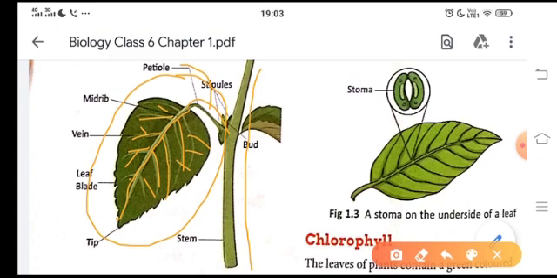These veins form a network in the leaf, and it also makes the framework of the leaf. The other function of these branches or midrib is that they contain the vascular tissues, xylem and phloem. So, xylem and phloem you will study in future. But these xylem and phloem help in the transportation and translocation of water and food.